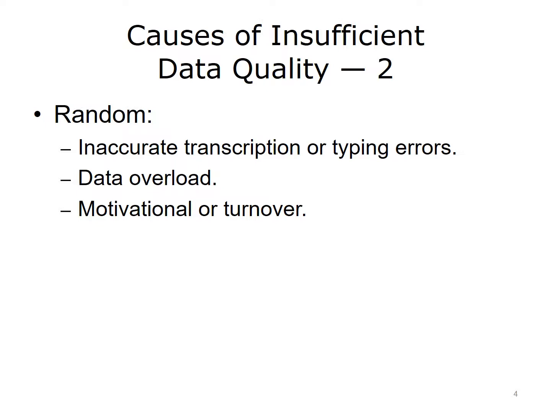Random causes occur with less predictability and can include inaccurate transcription or typing, as in free text entries, sheer data overload, and the possibility of ambiguity or selection of irrelevant data, inattention or poor understanding on the part of the individual completing the entry, analysis, or data warehousing procedures.